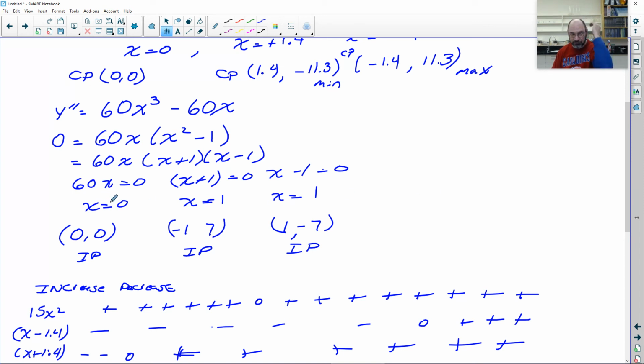So the first one we're going to do is we've got a critical point here, here, and here. So we've got a min at negative 1.4 and negative 11.3. So negative 1.4 and 11.3. That's a max.